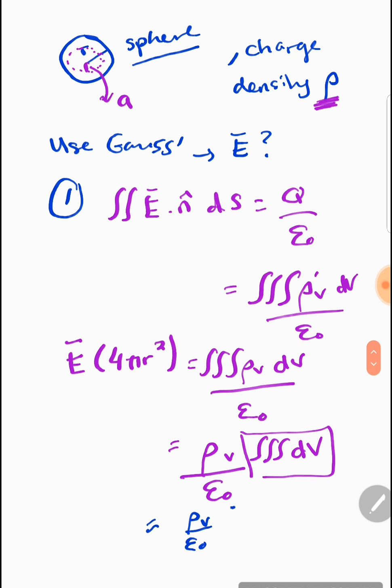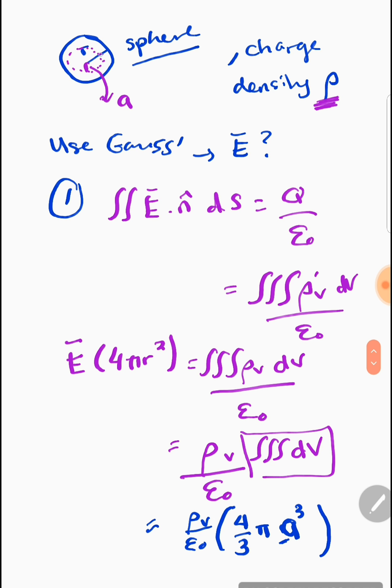would be 4 over 3 pi r cube, isn't it? This is the general formula for the volume of a sphere, but since we're talking about the total charge enclosed by the surface, and we always refer to the surface that we determine in this purple circle here, we need to replace this r. This r will be replaced with a, because it's of radius a.